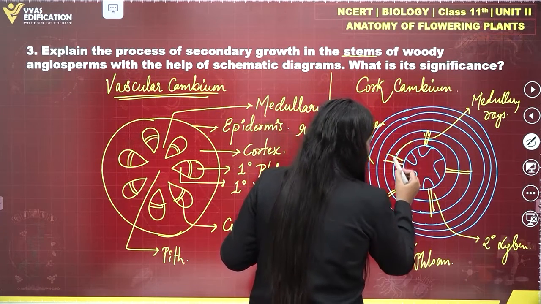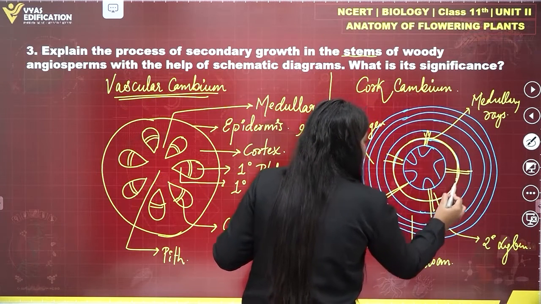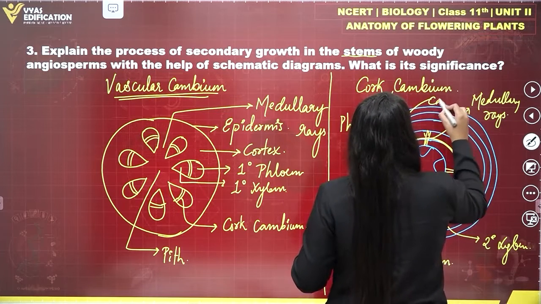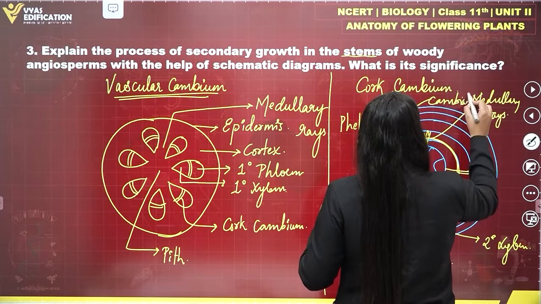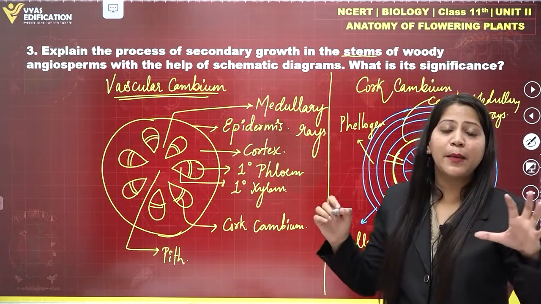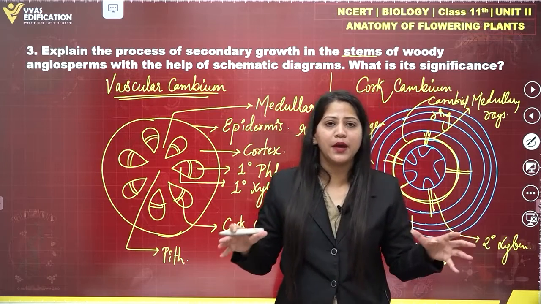And this is your cambial ring. Here we have the cambial ring. So we have drawn the schematic diagrams for Cork Cambium and Vascular Cambium as well.